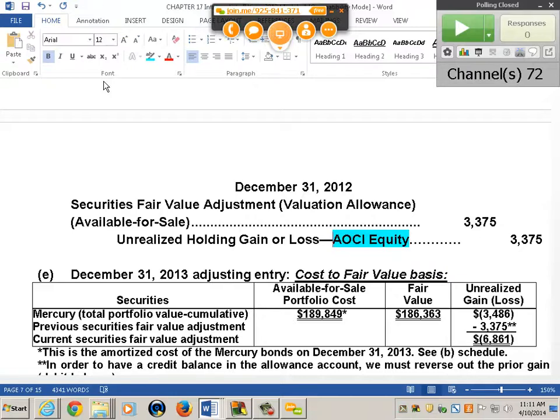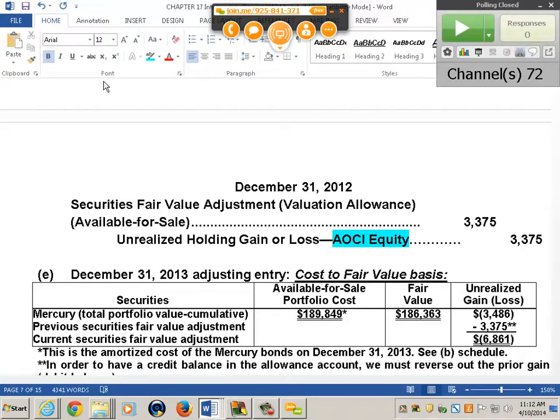Okay. Now, the other thing that I wanted you to make sure that you understand is that, obviously, just to remind you, that unrealized gain or loss account in stockholders' equity is a permanent balance sheet account. So that balance is going to carry over year after year. If, in the event, this was going into, and again, I'm going to show you in a moment, but if this was going into earnings, what would happen?